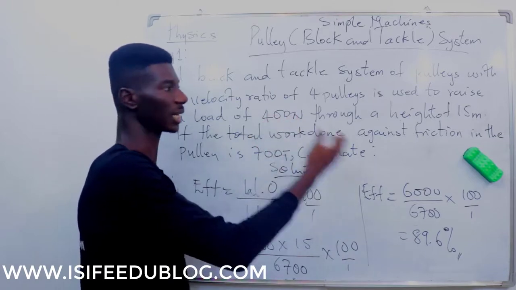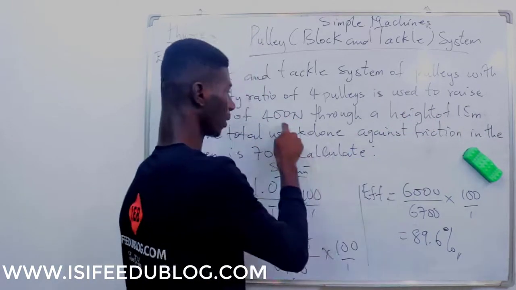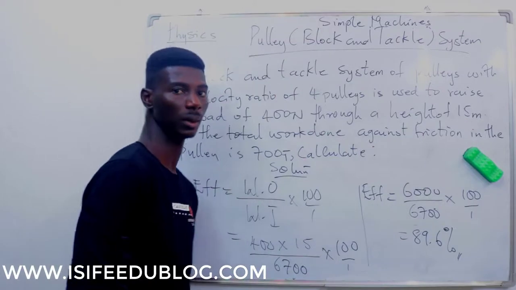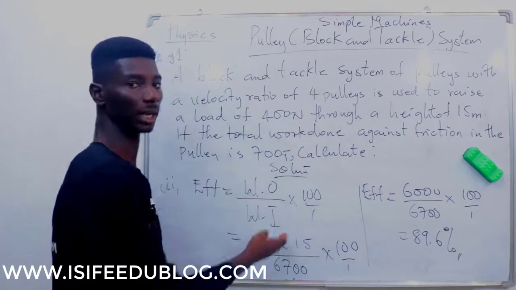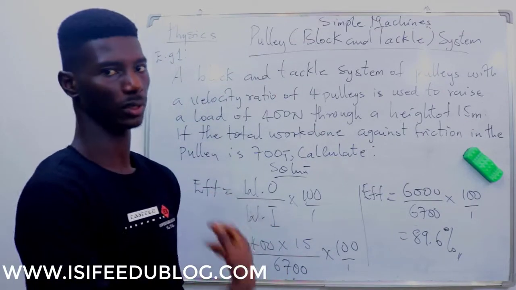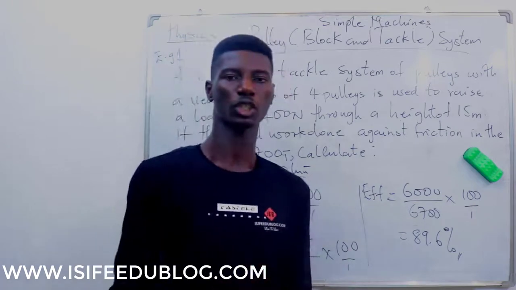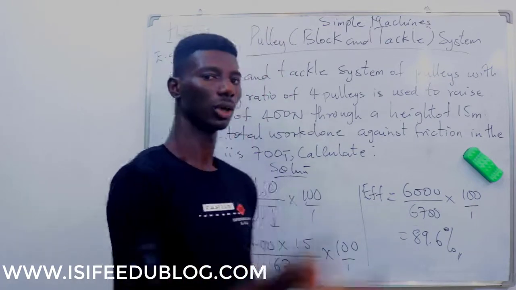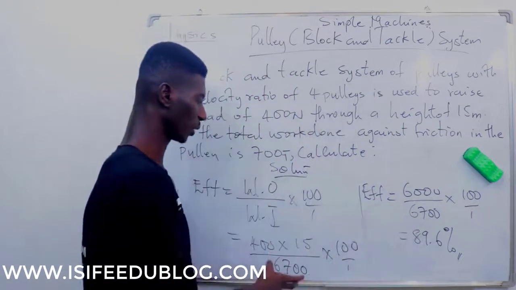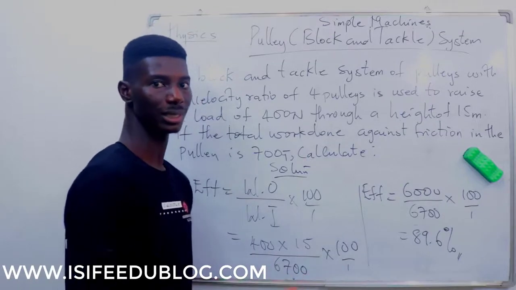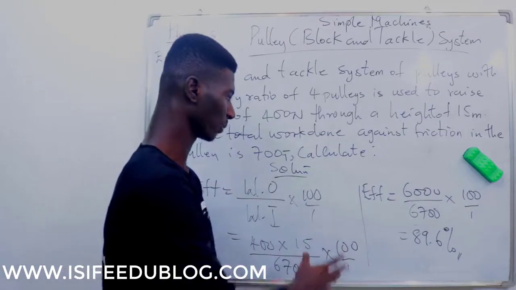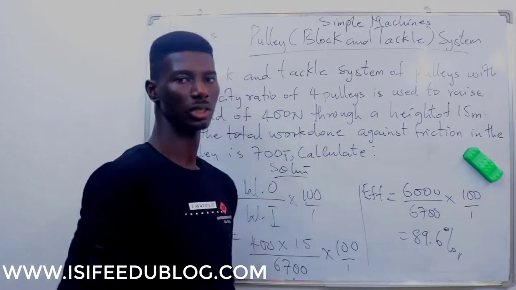Work done is force times what? Distance. This is the force times the distance covered by the load. Then divided by work input, the total work input you have solved, which is the work done by friction plus the work done already to lift the load, which we have calculated and summed to get 6,700. Punch your calculator. This is your answer.